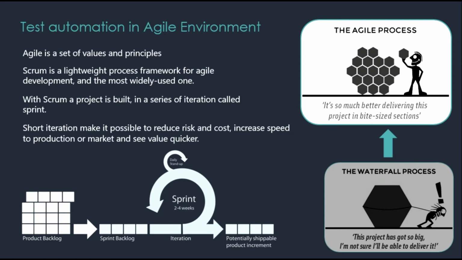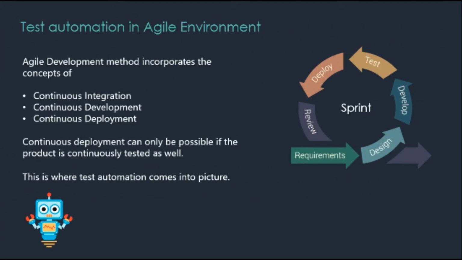With Scrum, a project is built in a series of iterations called sprints. Short iterations make it possible to reduce the risk and cost, and they increase speed to production or market, and we can see the value quicker. To achieve this, Agile has the concepts of continuous integration, continuous development, and continuous deployment in each sprint.